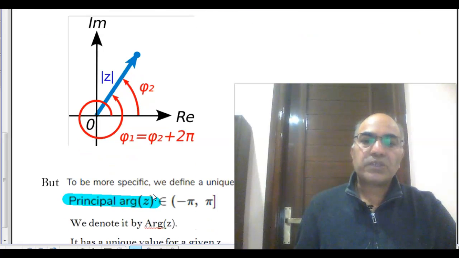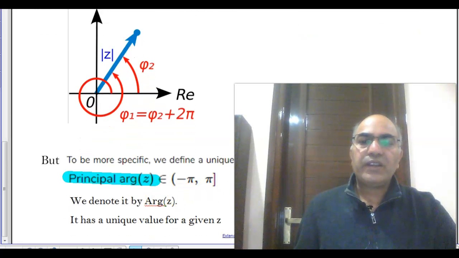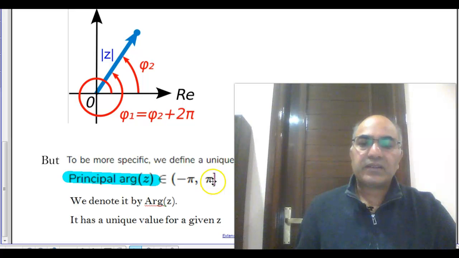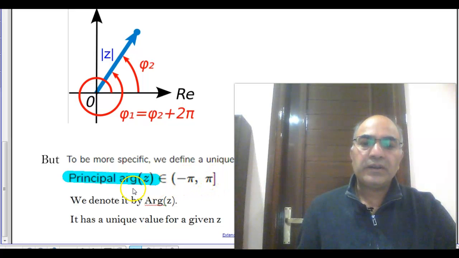But to be more specific, we define a unique value called the principal argument of z. Principal argument of z is that value of argument which lies in the interval minus pi to pi, where pi is included but minus pi is not included.